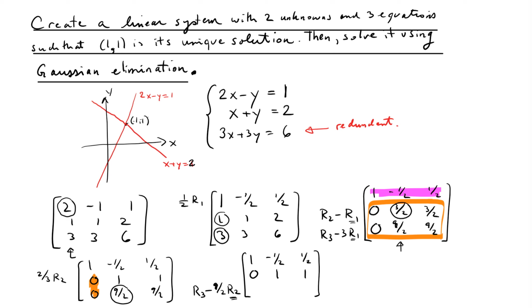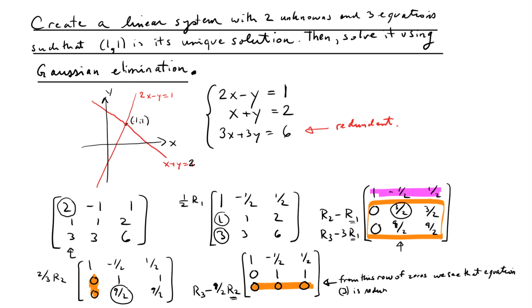So okay, if I do this, it's pretty easy to see. Oh, I get my row of zeros. Okay, so right there, I already know that this is redundant. From this row of zeros, we see that equation 3 is redundant.